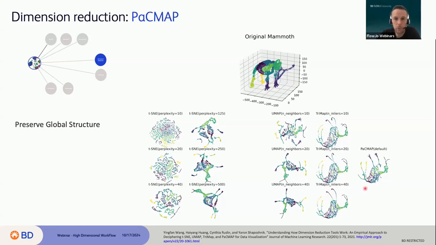In comparison, when we run this data set on PacMAP, we can really get back that mammoth shape. So really looking similar to TriMap or to the original. But also you can see on the leg here at the bottom, we can really see the toe. So that shows us that it can get even better resolution in small differences of population.